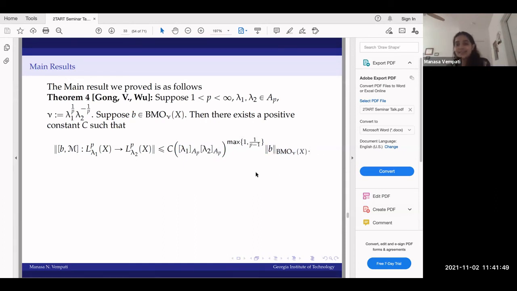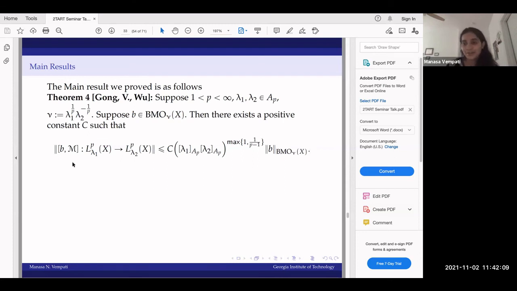So what this says is that if our function b lies in the weighted BMO space of X, we get a bound for the operator norm of the commutator with respect to the Hardy-Littlewood maximal function.